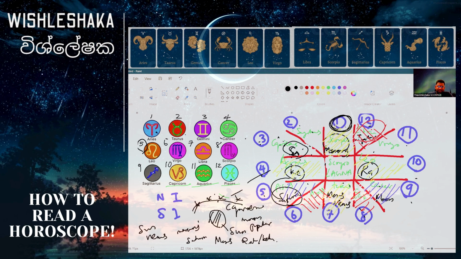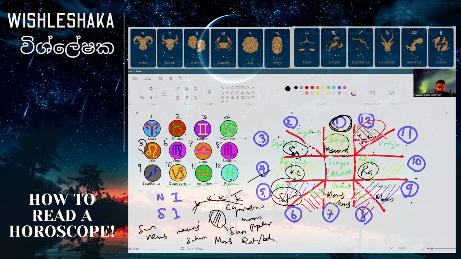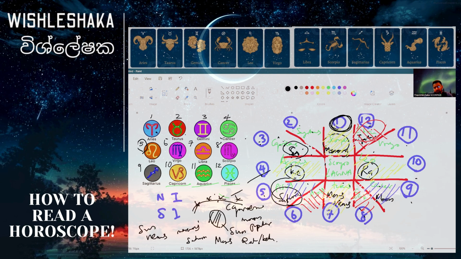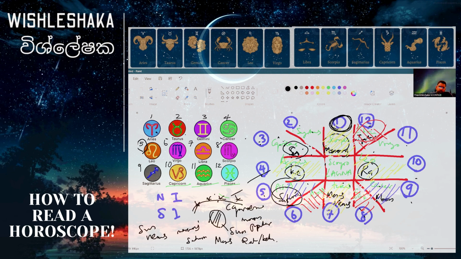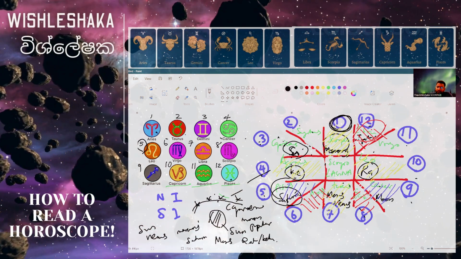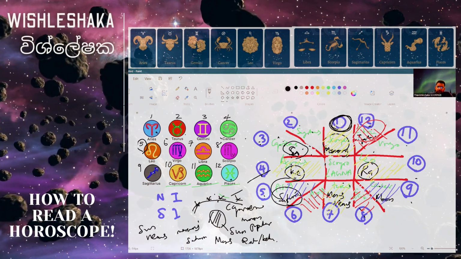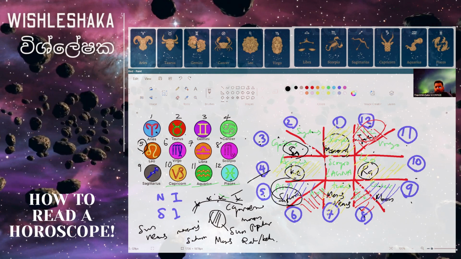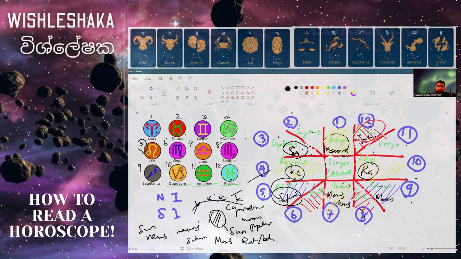I can give you so many examples. So that's how you should figure it out. The first house is all about beauty, appearance, personality. The second house is mostly about speech, family.